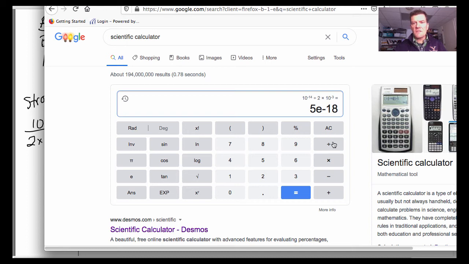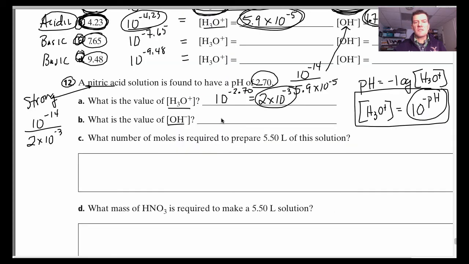I think I didn't do that correctly because I should put this in parentheses. My apologies. Alright, let's try this again. 10 to the negative 14 divided by, I need parentheses here, 2 times 10 to the negative third. There. Got to make sure you put that all in parentheses, otherwise it's just going to divide by the 2 and then multiply by 10 to the negative third. I want to divide by everything, 2 times 10 to the negative third. Okay, there we go. 5 times 10 to the negative 12. Okay? Alright.